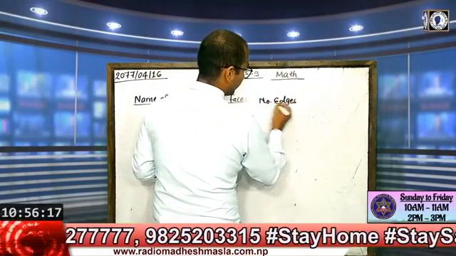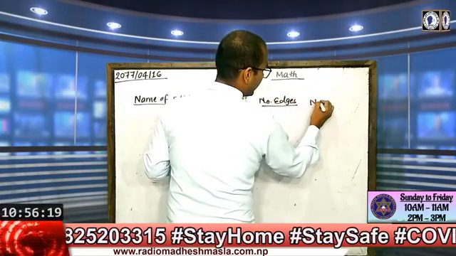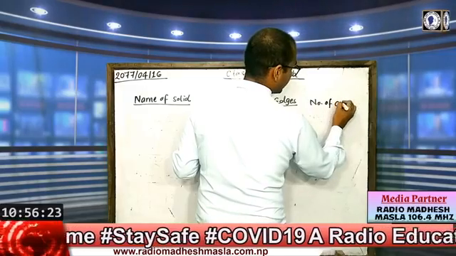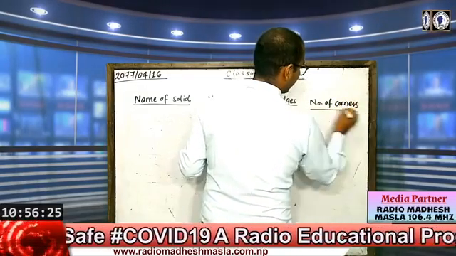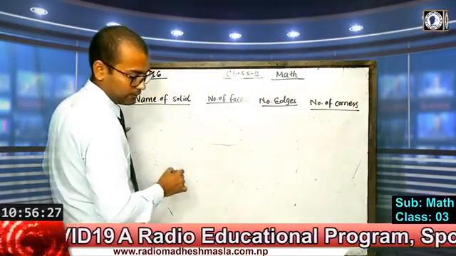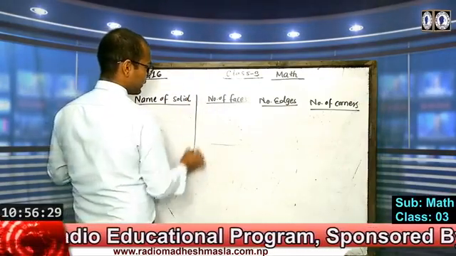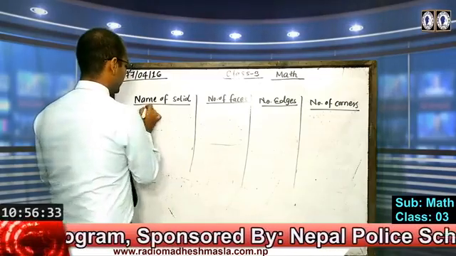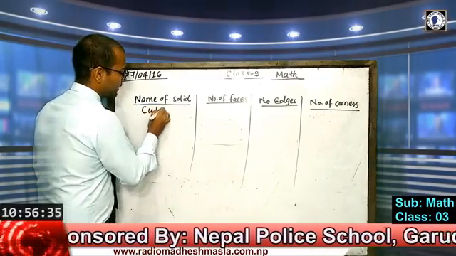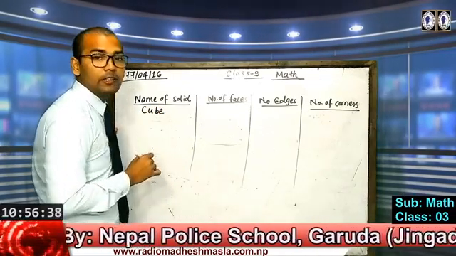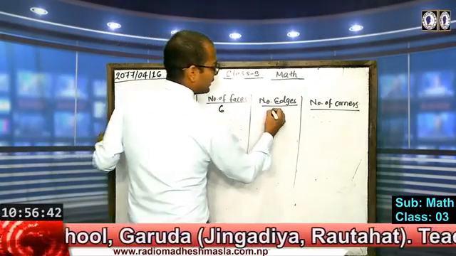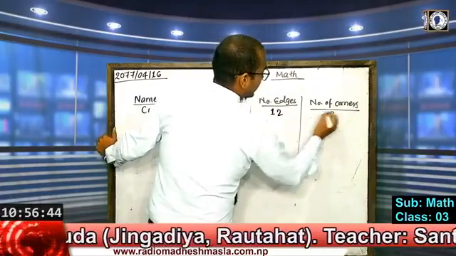In the same way faces, that means number of faces, number of edges, number of corners. So here in this way, if we talk about a cube, in a cube we have 6 faces, 12 edges and 8 corners.